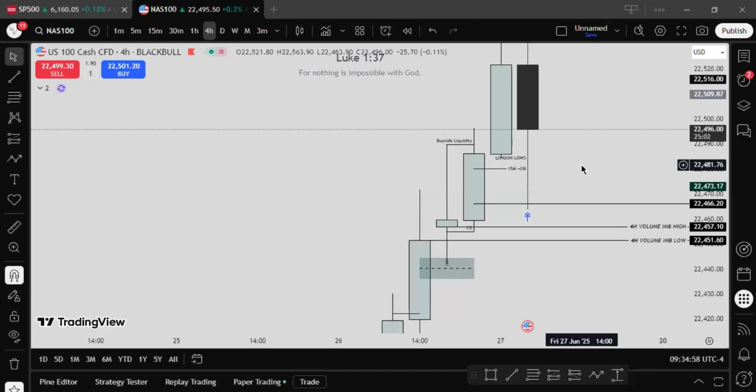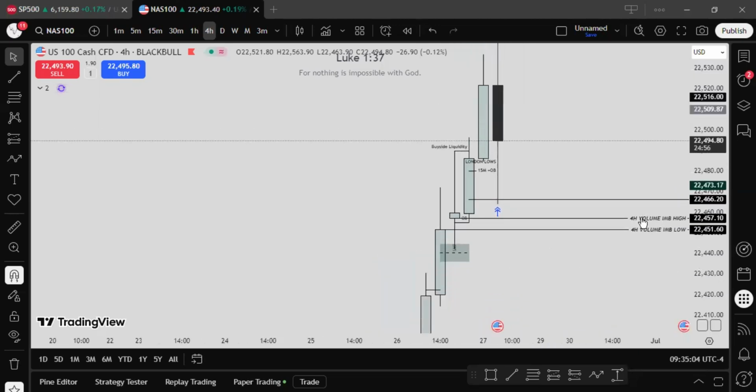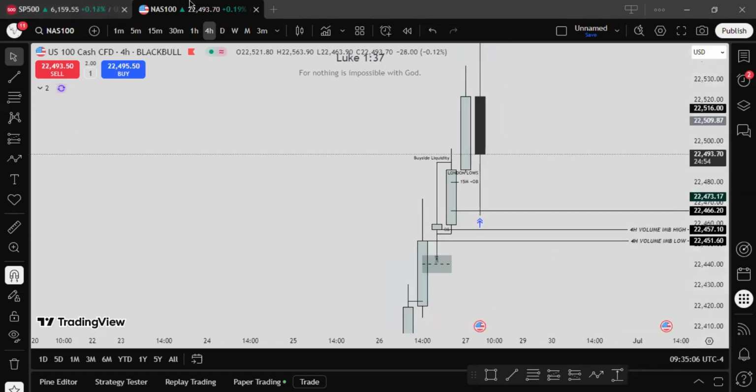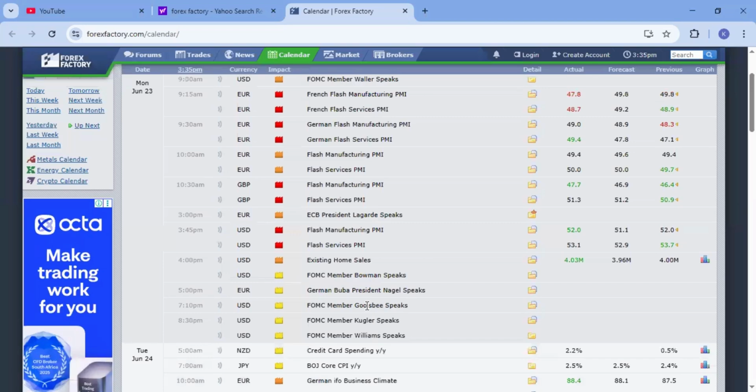So just to quickly go through the trade that I just took and also go through what I'm looking to see happening for today. Let's start by checking the news.